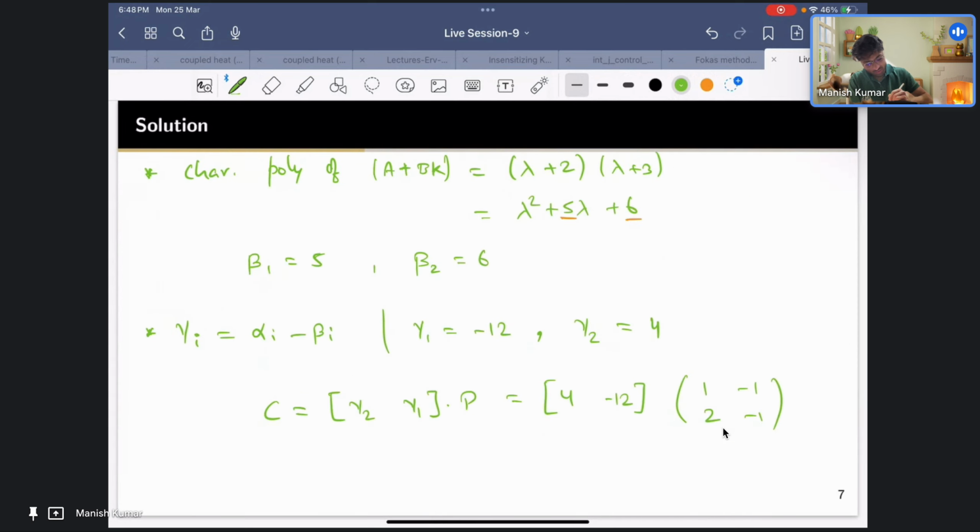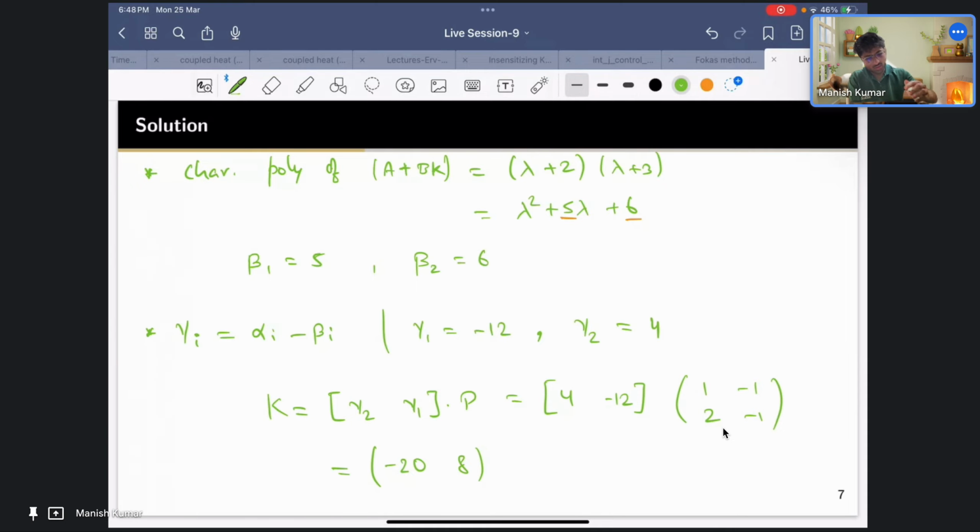Now if you do the multiplication, you can clearly see it is 4 minus 24, which is minus 20, and then minus 4 plus 12, 8. So this is the matrix C what we have got. Now from here you can directly compute, so this is not C, this is K, the matrix K what we wanted.